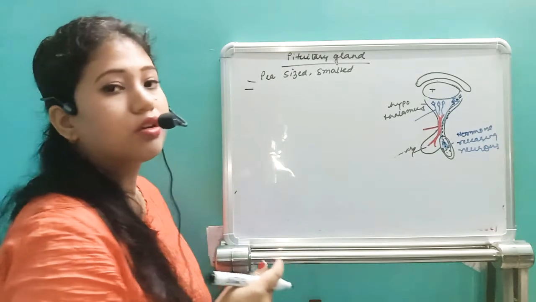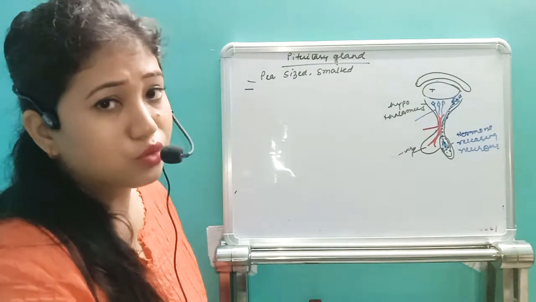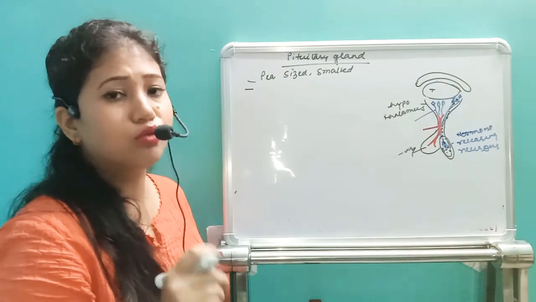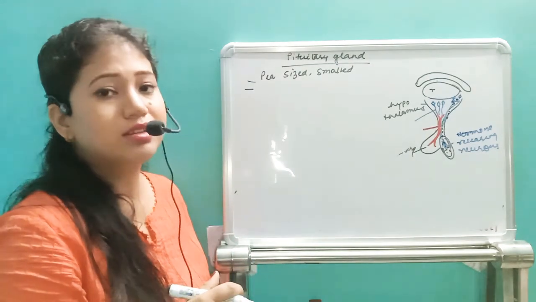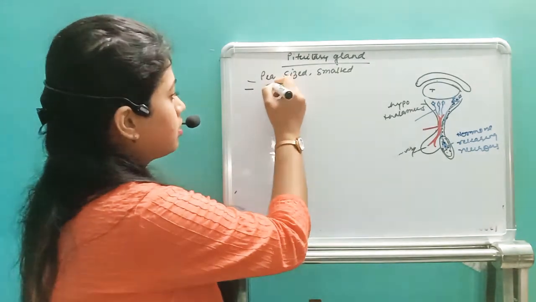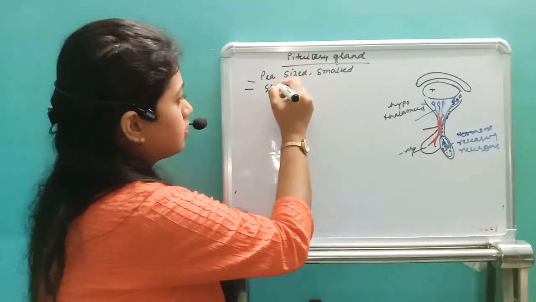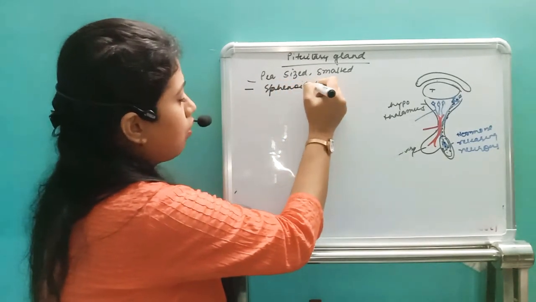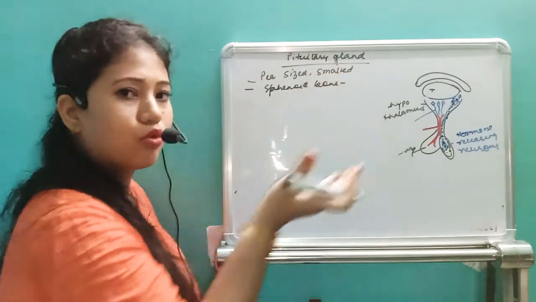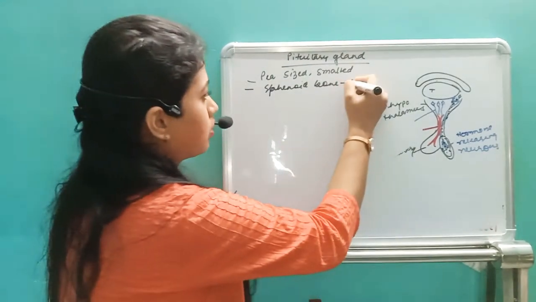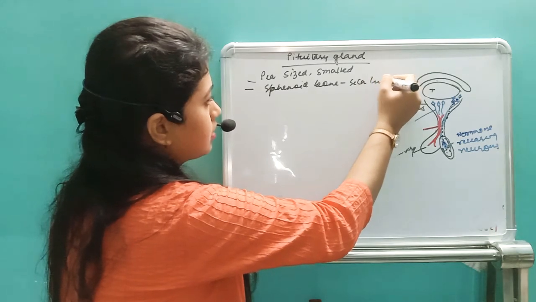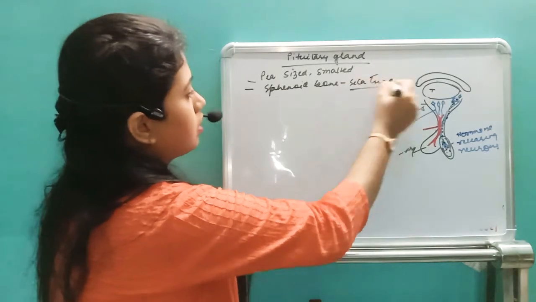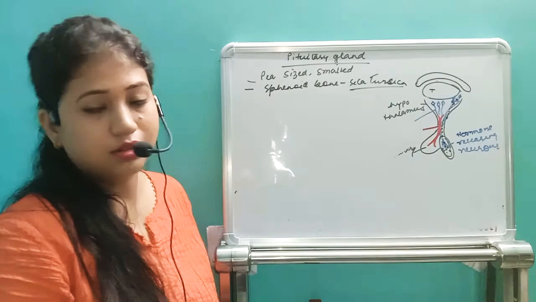As I have already told you in locomotion and movement, in the sphenoid bone we have a depression called the sella turcica. In the sella turcica this pituitary gland is situated, right?